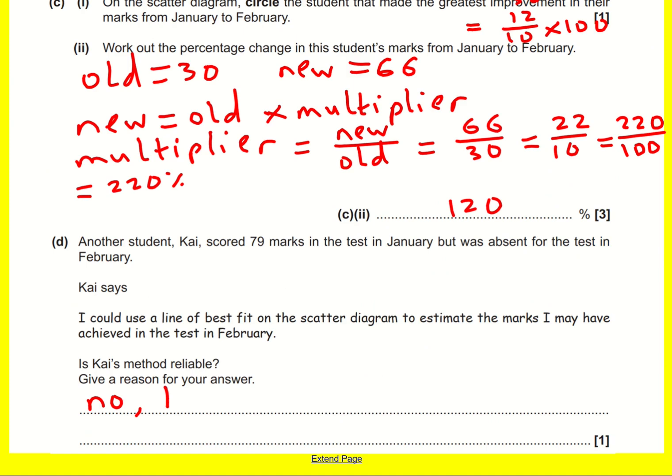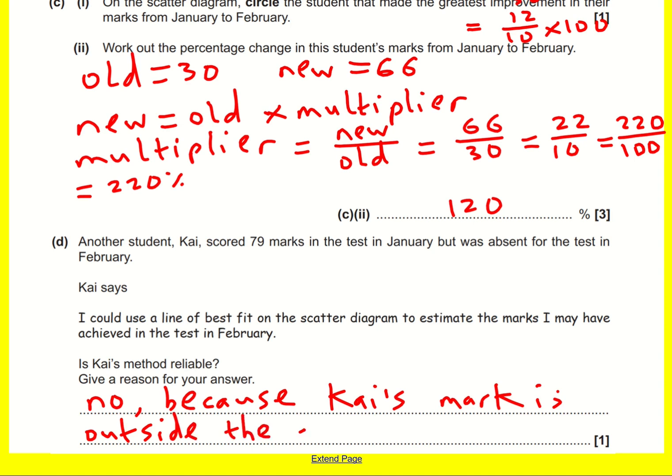No, because Kai's mark is outside the data range. Technically, this is known as extrapolation, and it's not considered reliable.